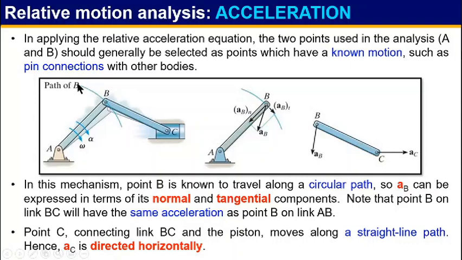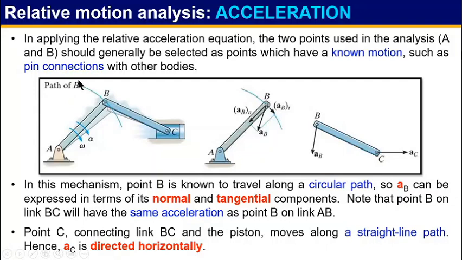This point B is moving in a circular path motion, so AB can be expressed in terms of its normal and tangential components. Okay, so here is circular path or rotation about a fixed axis A. So in here, there must be normal and tangential components.